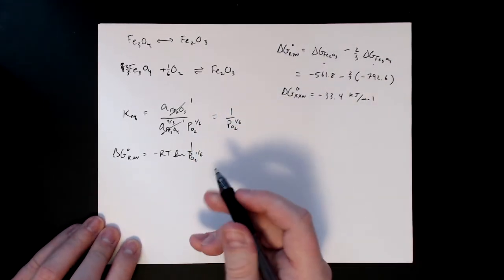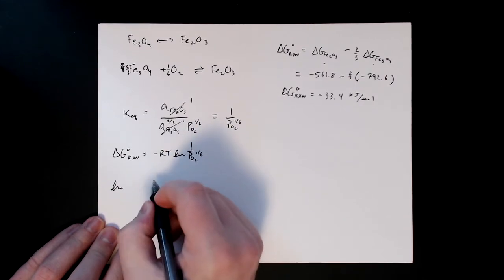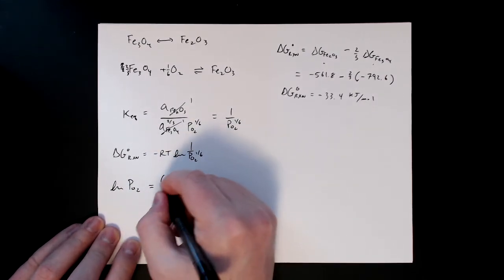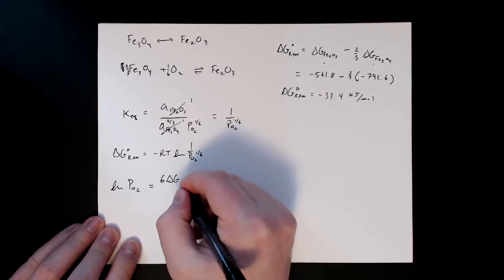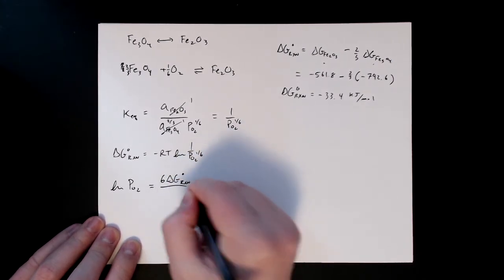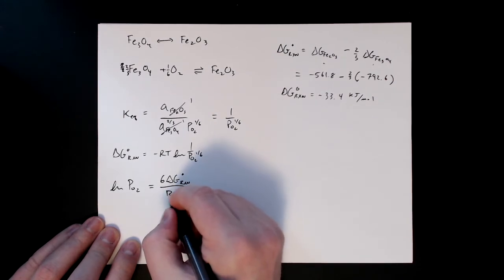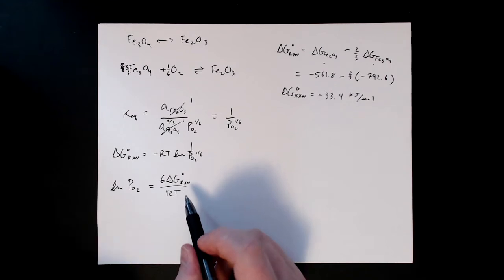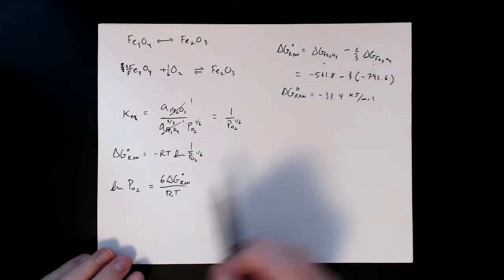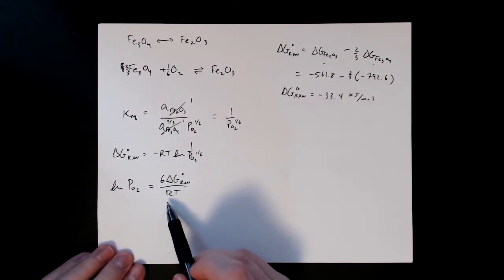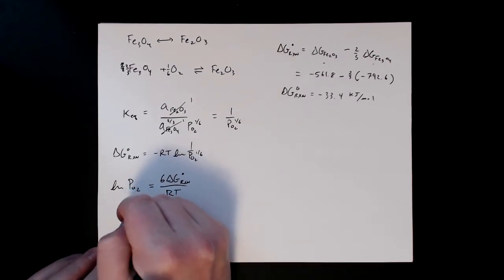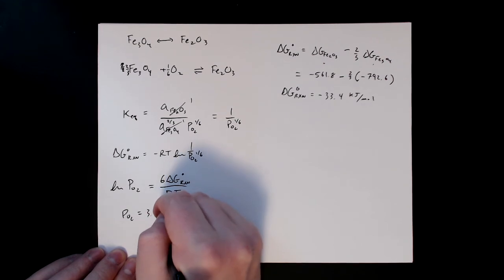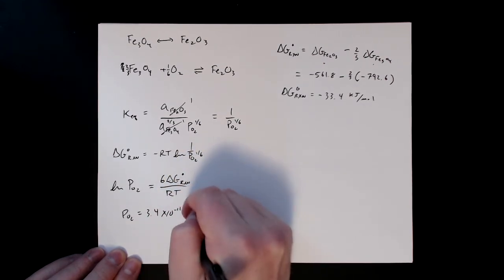If we rearrange that in this case, and again, I'm skipping some steps here, you see that the natural log of PO2 is going to be equal to 6 times delta G of the reaction at standard state over RT. Then we plug in the value for the reaction, the temperature of 1,000 K, and the gas constant, and all of that gives us PO2 equal to 3.4 times 10 to the minus 11 atmospheres.